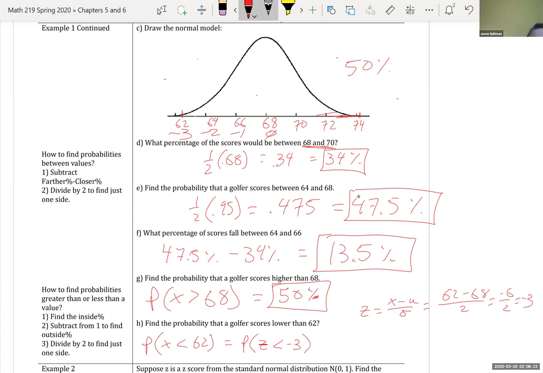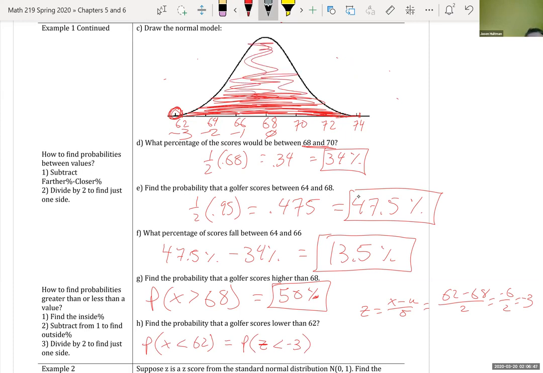I want to know the percentage of everything lower than -3. Well, it's not 2.5%. That's what it would be if it was everything lower than -2. Well, how much area is between 62 and 74? It's almost the whole thing, not the whole thing. How much is between 62 and 74? Well, it's 99.7%.